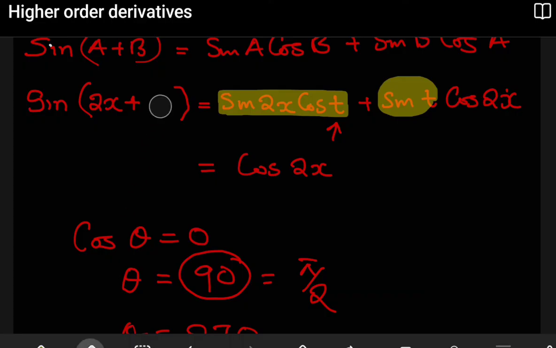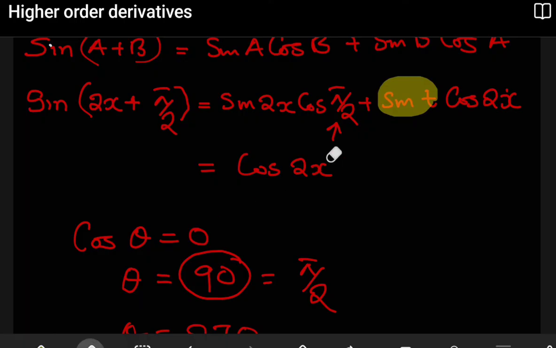So we now know what our angle here is. This has to be pi over 2, 90 degrees, such that cos pi over 2 is 0, which makes all this 0. And on this side, sine pi over 2 gives the answer cos 2x.